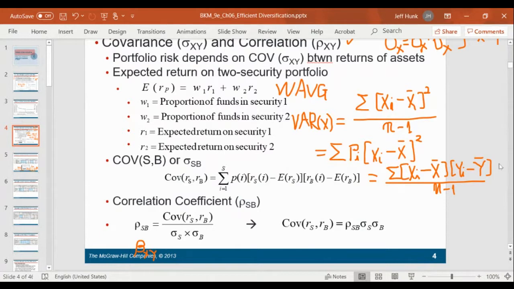When we find the correlation between a stock portfolio and a bond portfolio, there will be some correlation, definitely. And the correlation may, as I said, be slightly negative, right?